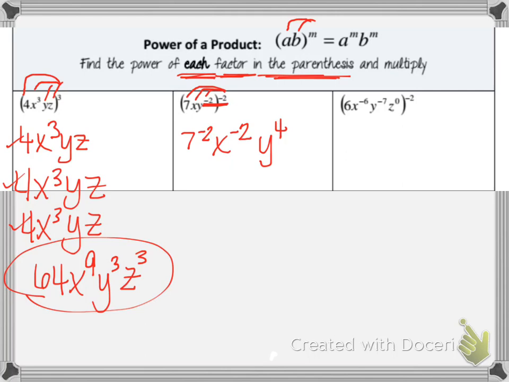So you take your negative 2 and you apply it to each and every term inside the parentheses. So that's going to be 6 to the negative 2 power. That's going to be x. Now, you take your -6 and your -2. That's going to give you a positive 12 exponent for your x. And then on the y, you take your -7 times -2.